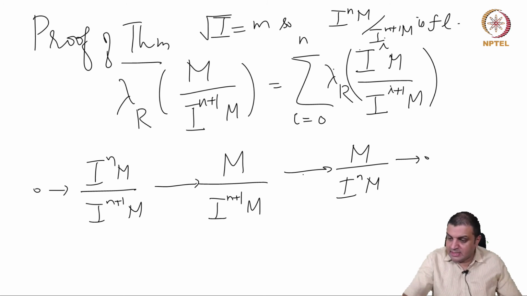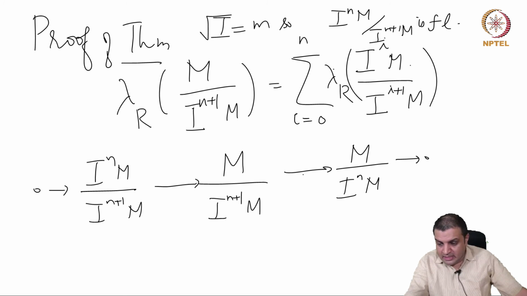So notice that this I^i M mod I^(i+1) M is the i-th graded part of the associated graded module, which is a finitely generated module over a polynomial ring over R mod I, which is Artinian.